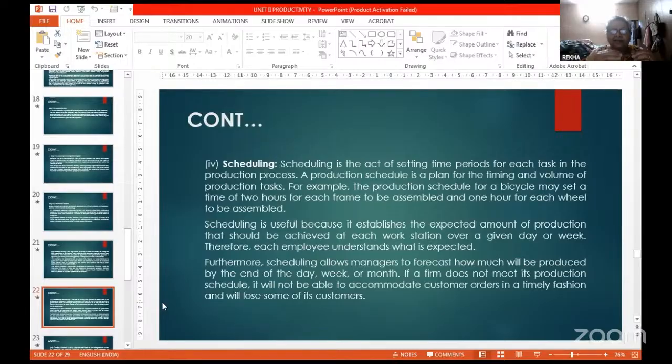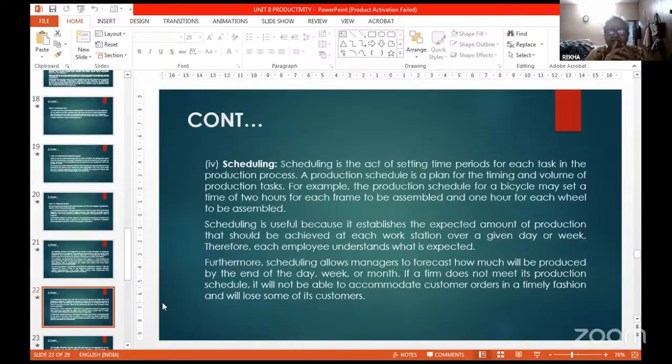Maybe the frame, the wheels, the handle are done separately, but you can always schedule it. By the time the frame is made, these things should also be ready, so that no time is wasted in putting the wheels or handle on the frame.